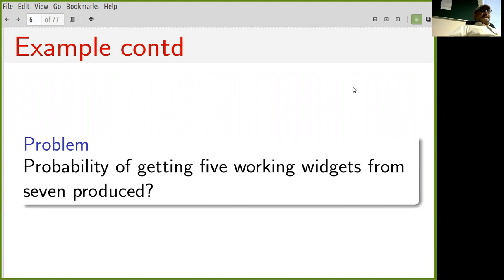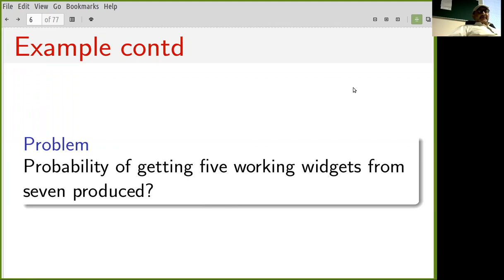We've already done this problem, right? We need the probability of getting 5 in a row that work and then 2 in a row that don't work: 0.8 to the 5 times 0.2 to the 2. That's the probability of that sequence because of independence. Now, if we don't care about the order, then how many ways are there of doing this?